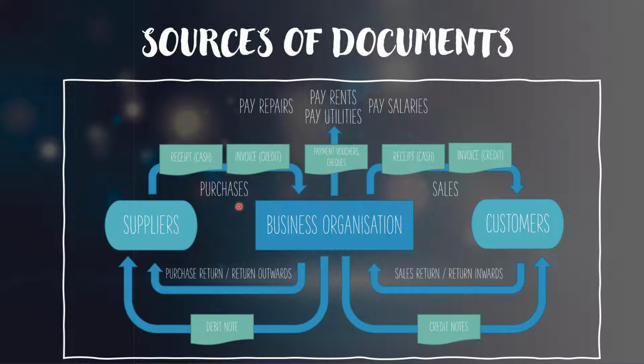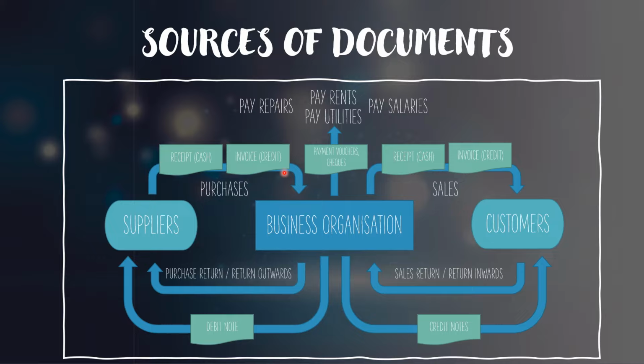We can do a purchase on cash basis or on credit basis. If we purchase on cash basis, the supplier will issue us a receipt to say that we have paid off our product. But if we purchase on credit, then the supplier will issue us a document called an invoice.